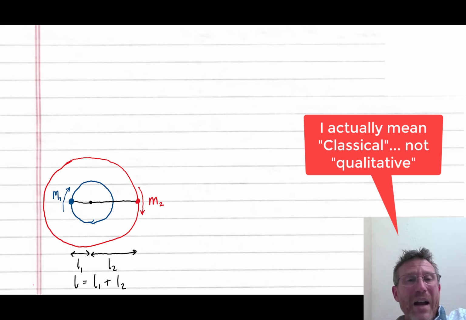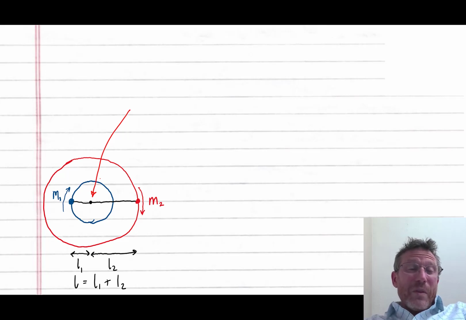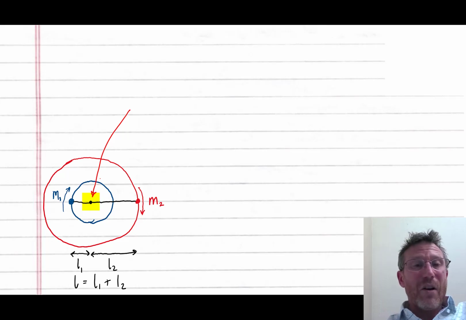So what we imagine in here is an axis of rotation. This looks like it's all in one plane. The important thing here is that the rigid rotor is rotating about the black dot in the middle. So this is our origin.